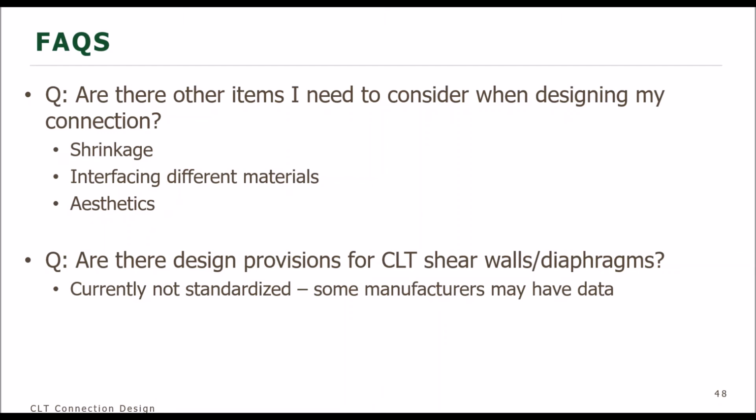The 2021 Special Design Provisions for Wind and Seismic will have design provisions for CLT shear walls and CLT diaphragms. It also appears that ASCE 7-22 will have seismic coefficients for CLT shear walls based on the 2021 SDPWS.